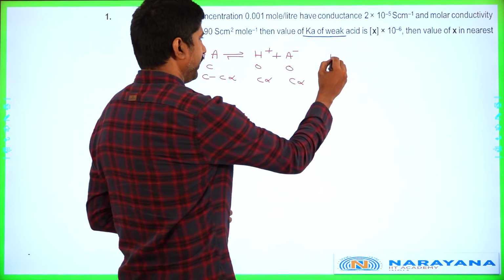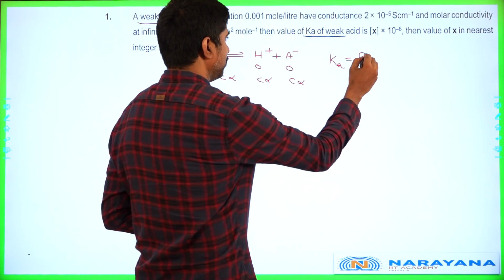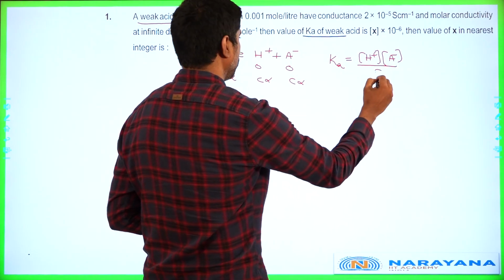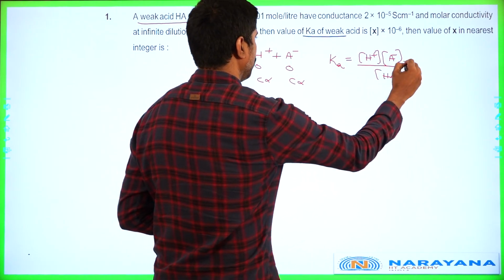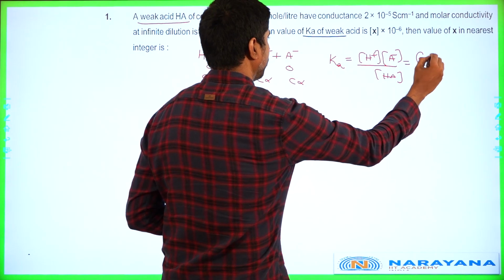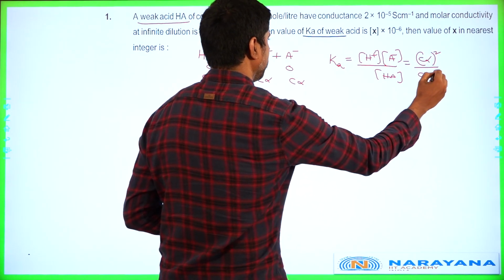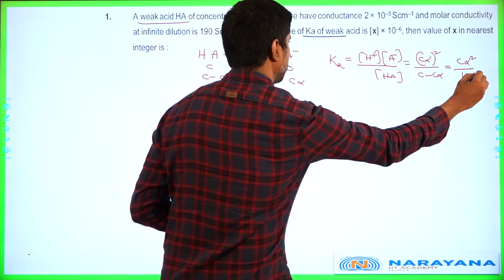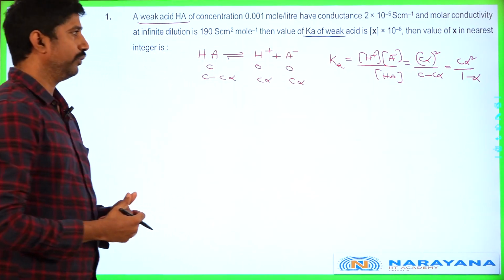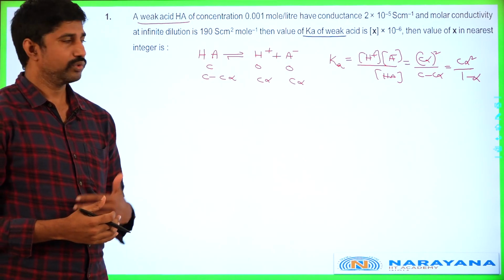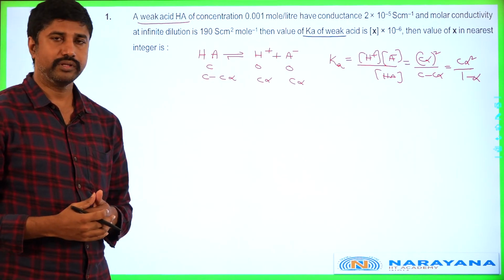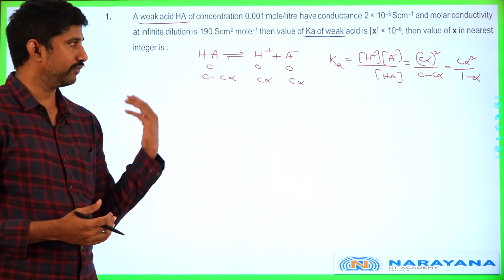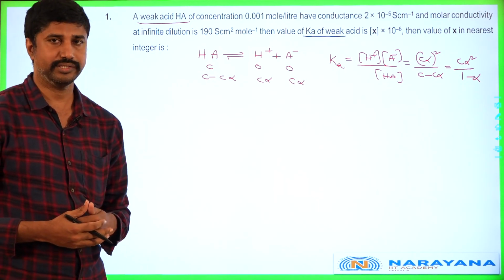Ka is H plus into A minus by the concentration of HA, which we write as C alpha whole square by C minus C alpha, or simply C alpha square by 1 minus alpha. So we need to find alpha, the degree of dissociation or degree of ionization of the weak acid.